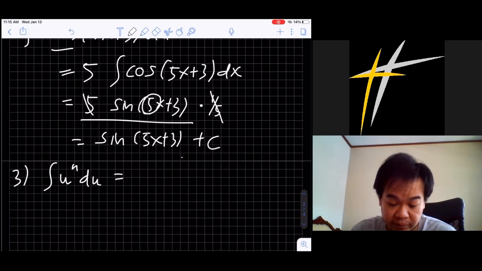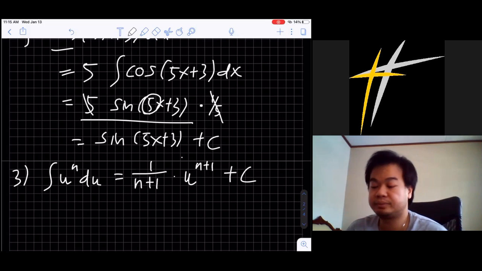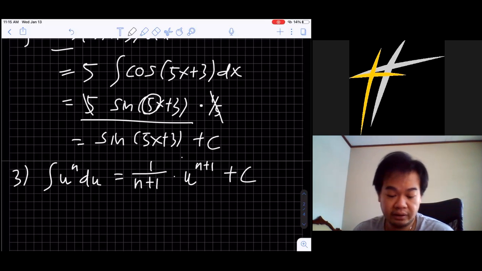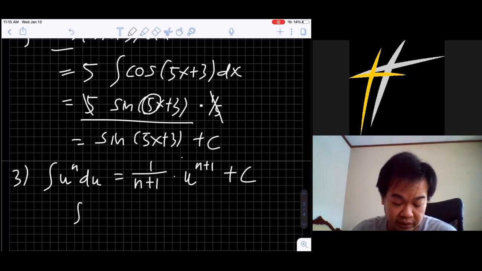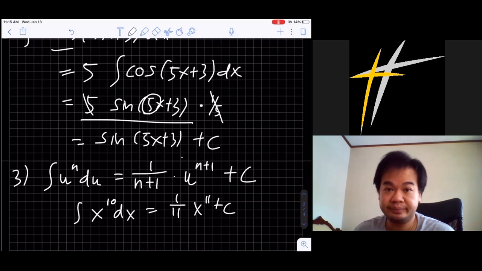So it's gonna be 1 over n plus 1 times u power of n plus 1, of course, plus c. It means that the integral of x power of 10 dx will be equal to, the n is 10, so 1 over 11, x power of 11 plus c.